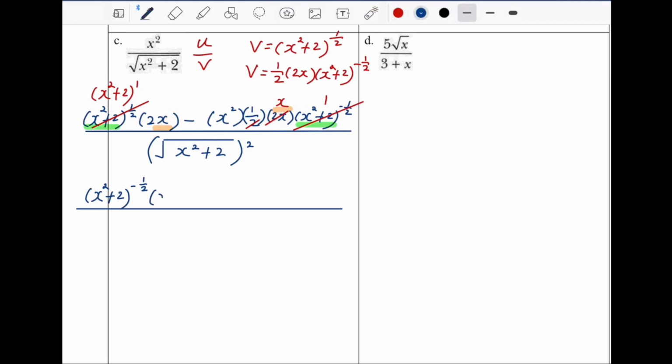So take out, put it in front. When you take out, this will be 1. This will be 1. No more common factor. Whatever left, put it in. For the first part, I have 1, I have 2, so we just do 2x squared plus 4.